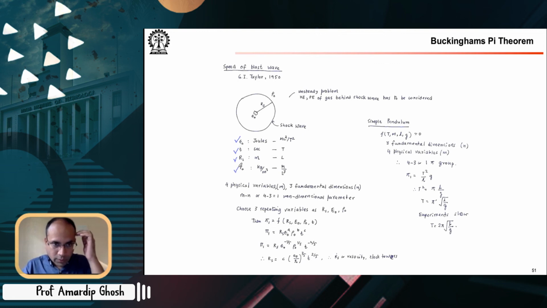So rho naught. Here we can see that we have 4 physical variables and 3 fundamental dimensions. If you work out the dimensions of each of them, density is m by L cube.